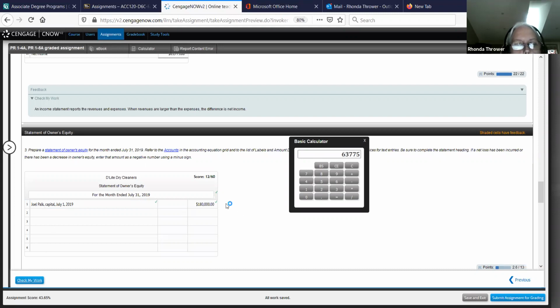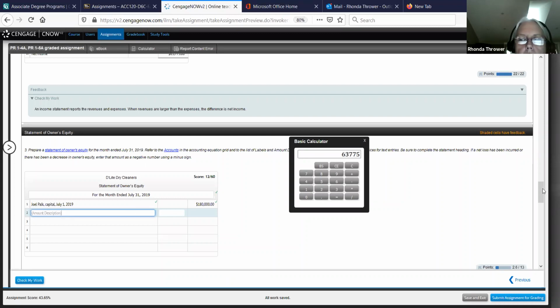So always start with the beginning owner's equity. Now, in the problems that we've done in the past, we have put a 0 there. To this, we're going to add any additional investments that the owner may have made during this period of time. And again, it's an amount description here.